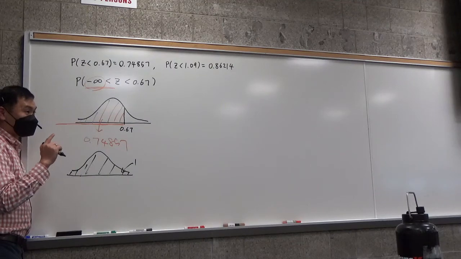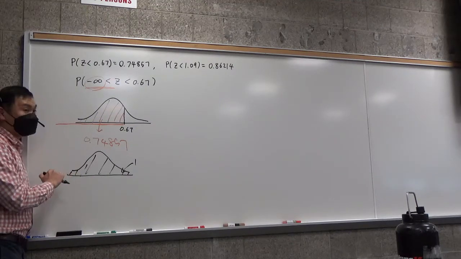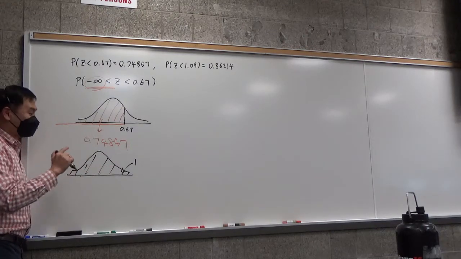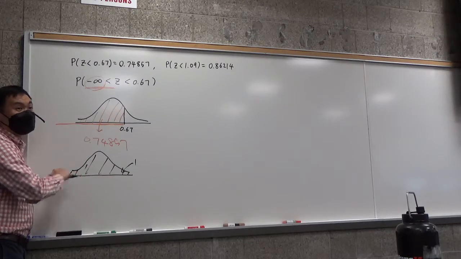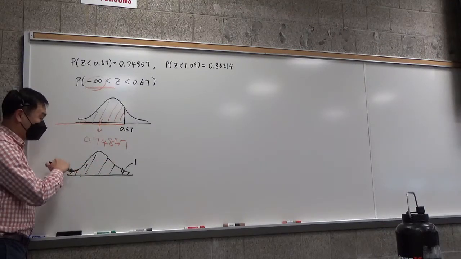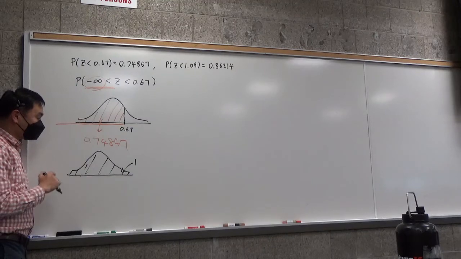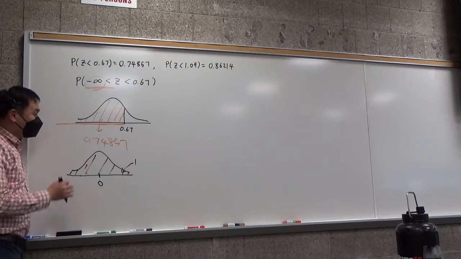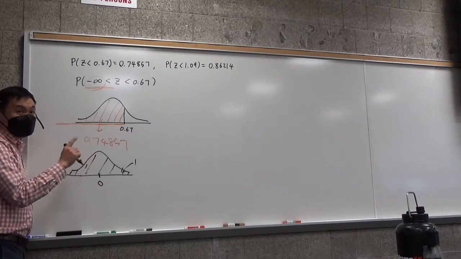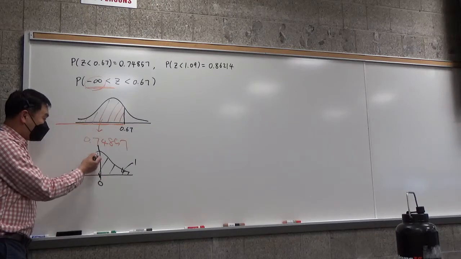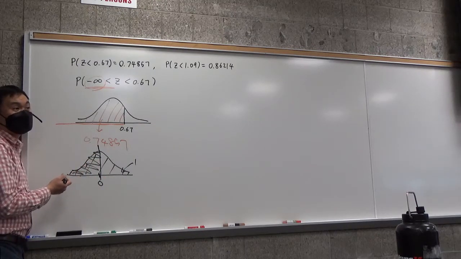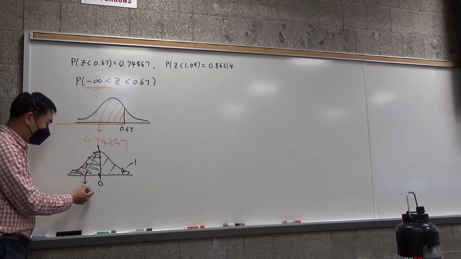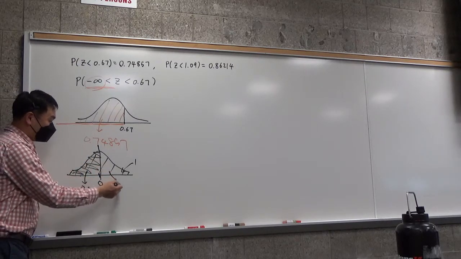And for a random variable that can take any value from negative infinity to infinity, if you ask what is the chance of that value being negative infinity to positive infinity, that's 1, right? That's everything, every possibility. So it should be 1. Okay, so that's 1. Another thing is that this one has center at 0 and it's symmetric. If it's symmetric, then what will be the area of this much? 0.5. 0.5, right? Yeah. Because it's symmetric, it'll be 0.5 here and 0.5 there.